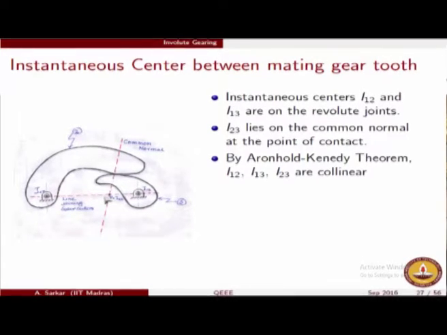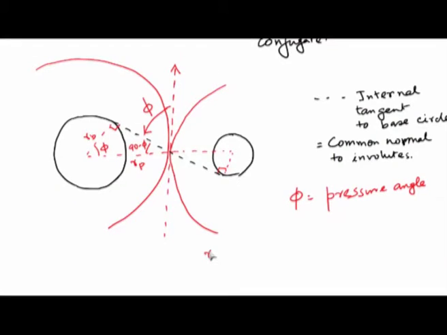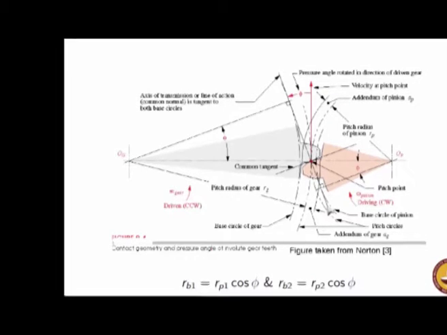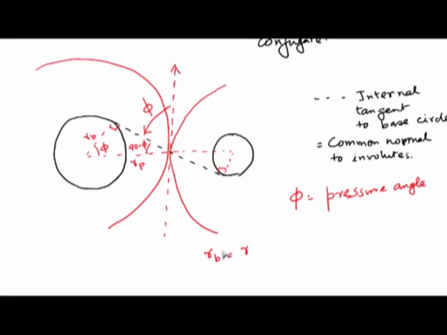Therefore, RB is RP cos phi. This is the relation between the base circle and the pitch circle.